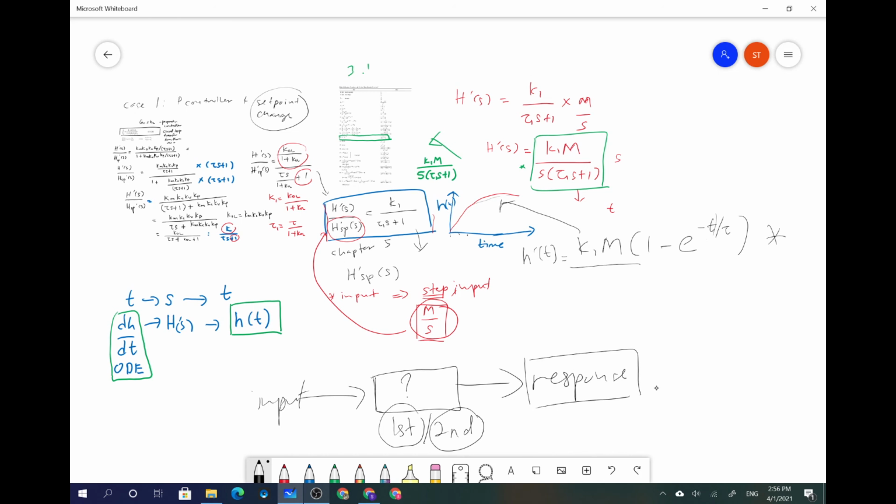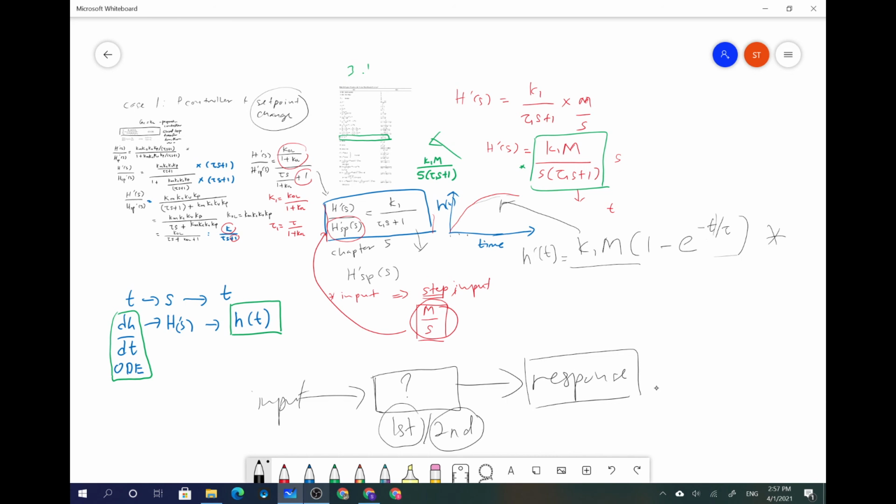Now is for us to calculate the offset. This is the equation. This graph is represented by this equation, and this transfer function is represented by this.